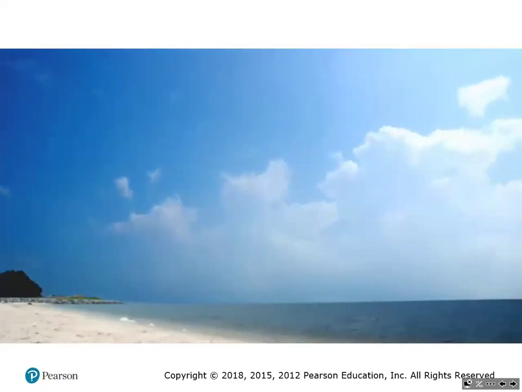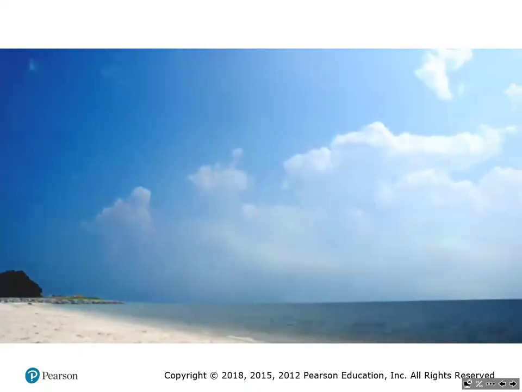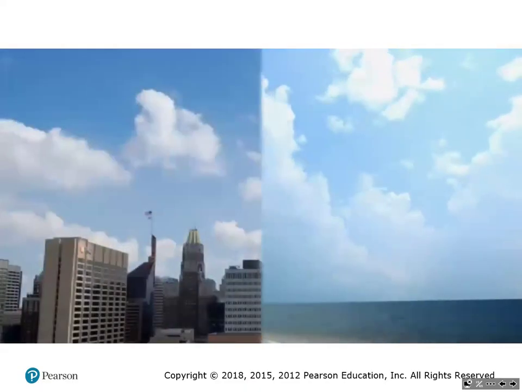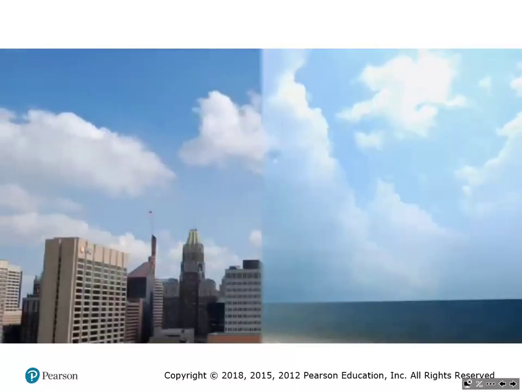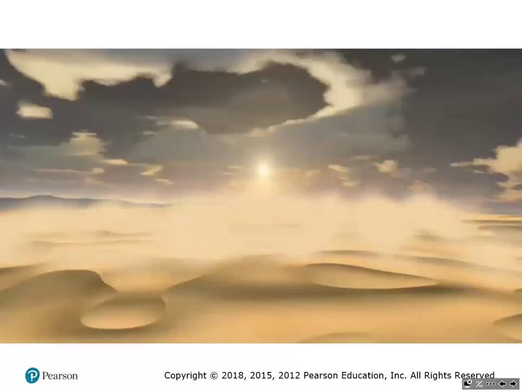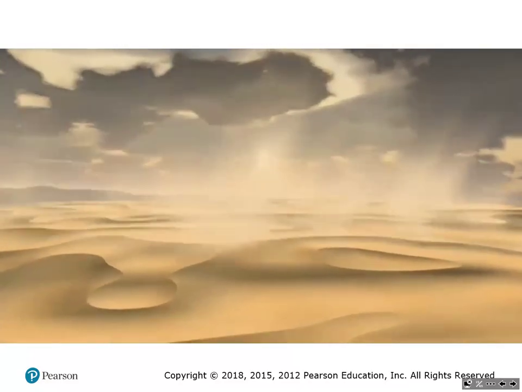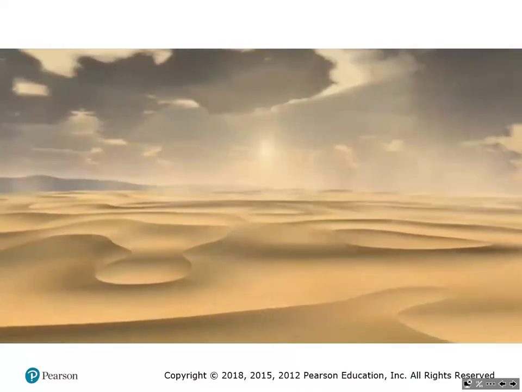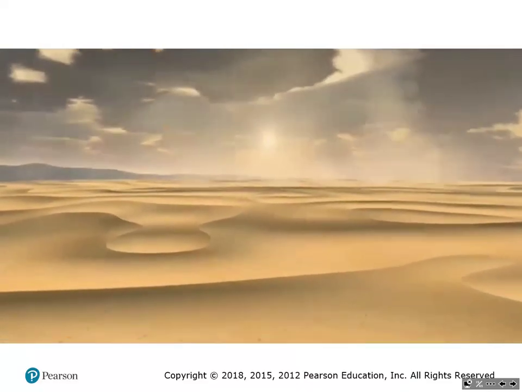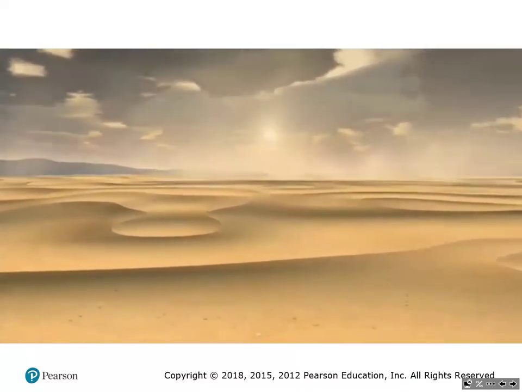Aerosol particles can be natural and can be created as a result of human activities. And so those particles are called man-made or anthropogenic. Natural aerosols can come from all places. For example, desert dust is blown off the surface of the Sahara Desert, the Asian deserts, the Australian deserts.